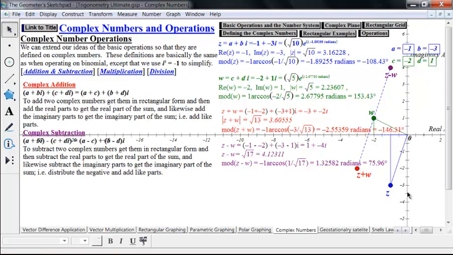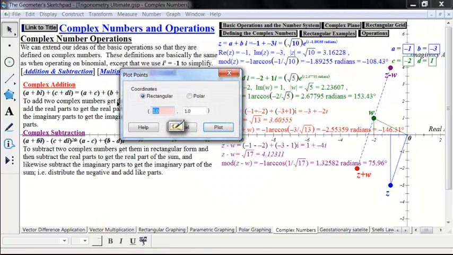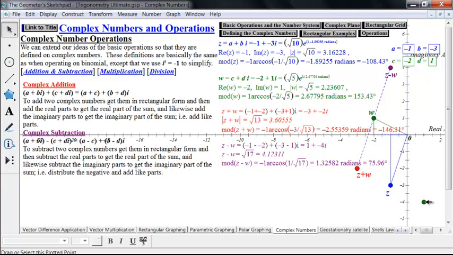A couple ways I could do it. One thing I could do is just graph the point where we want to go, here, and plot that. Oh, that's the one I already have. And I want to plot this one, and that should be the correct value for the point that I'm looking for.